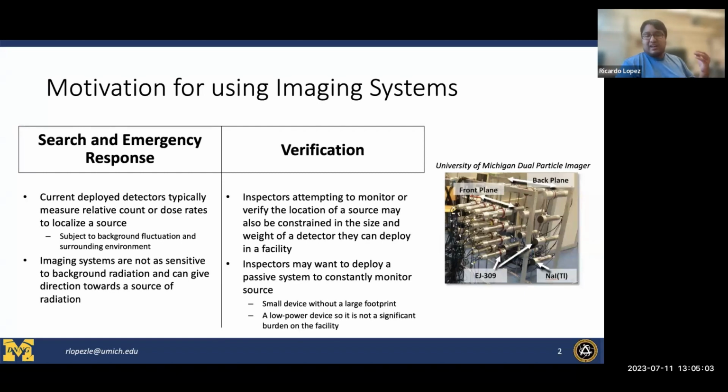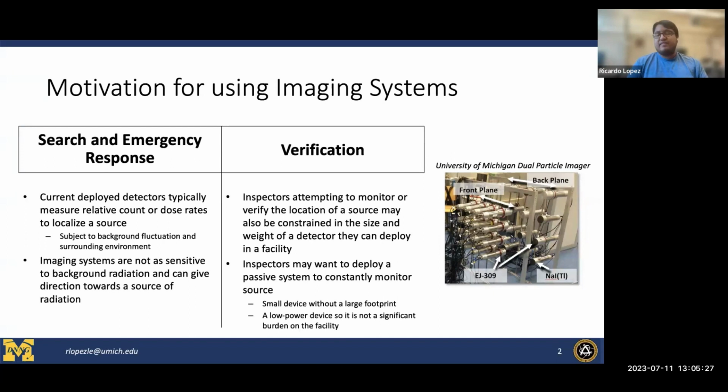So that's one option. However, these kinds of systems are fairly sensitive to the background and any subsequent background fluctuations that you may have in that particular type of environment. So depending on where you happen to be or what kind of system you're using, it may be difficult to use.